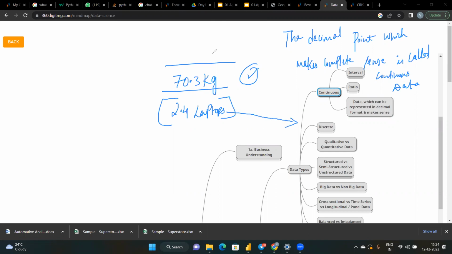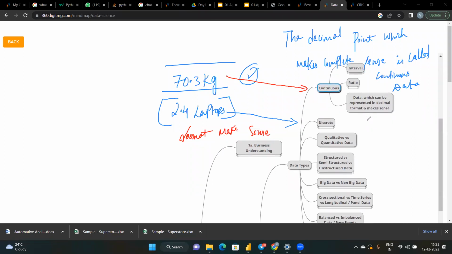Continuous means the decimal point which makes complete sense is called continuous data. The decimal point that doesn't make sense is called discrete data. Okay, so this is what is meant by continuous and discrete, guys.